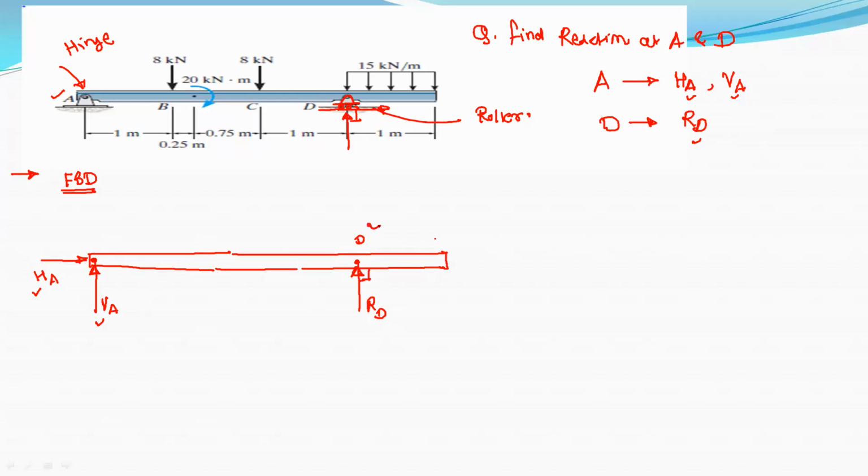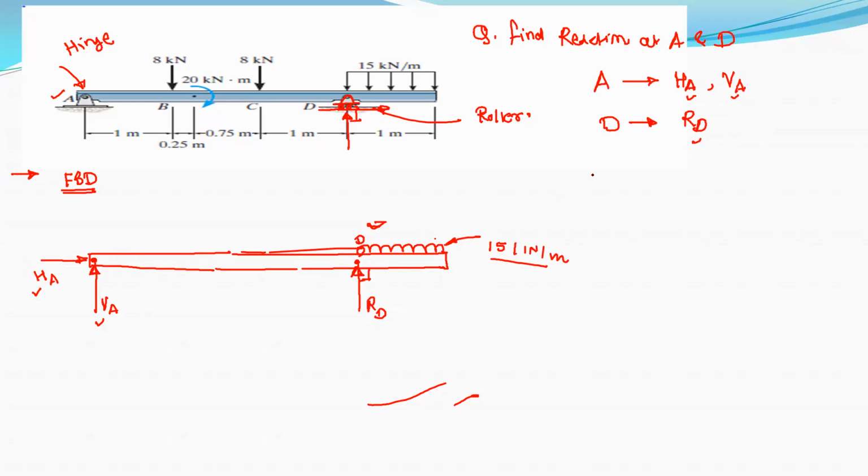The next step is to convert the UDL into a point load. So this is the UDL, and it has an intensity of 15 kilonewton per meter. The conversion is to multiply this 15 by the span.